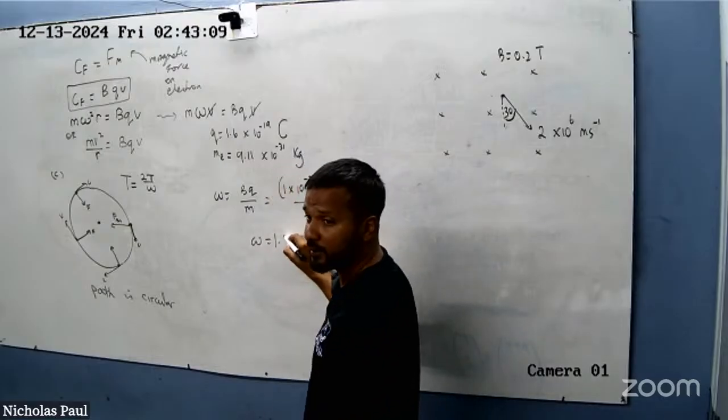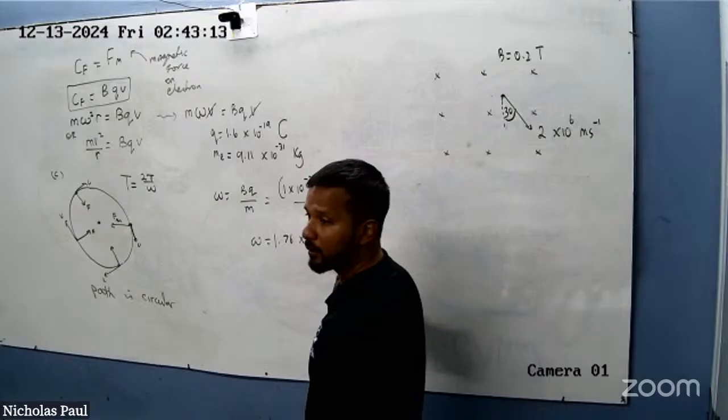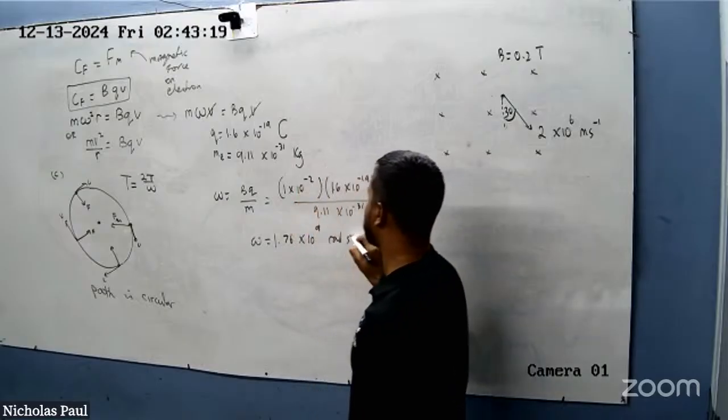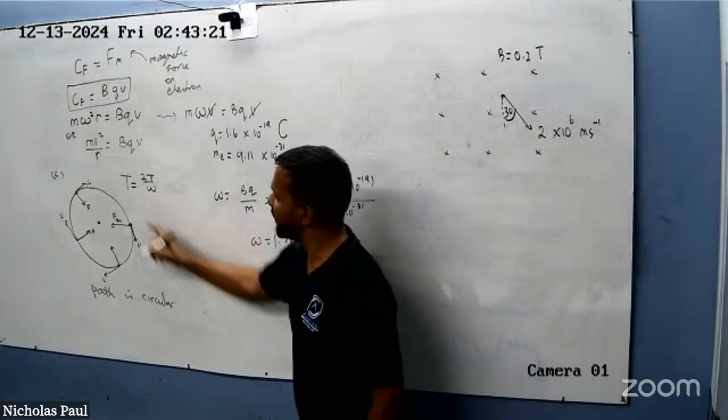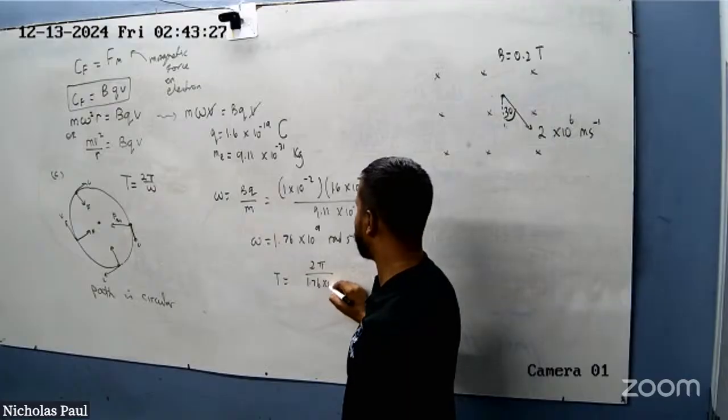That will give you omega, which is about 1.76 by 10 to the power 9 radians per second. And then find T. T is 2 pi over 1.76 by 10 to the 9.